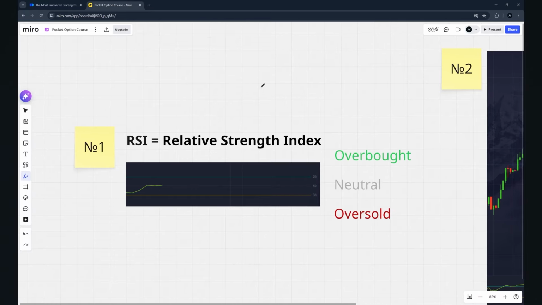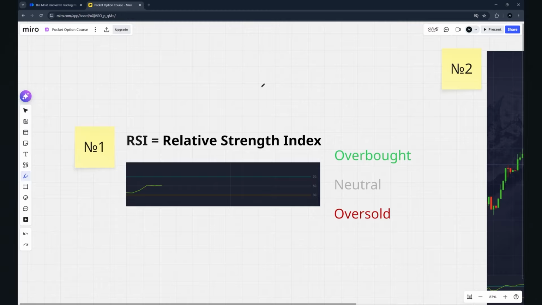Alright. First things, RSI stands for Relative Strength Index. Sounds fancy, but here is what it actually means in plain English. Imagine you are at a party when everyone's super hyped and euphoric, that's when things usually crash. When everyone's depressed and leaving, that's when the party's about to get good again.